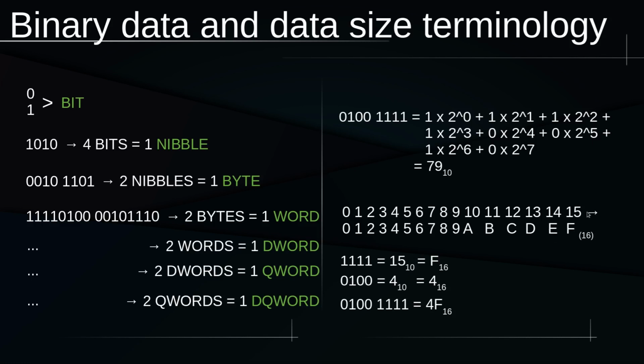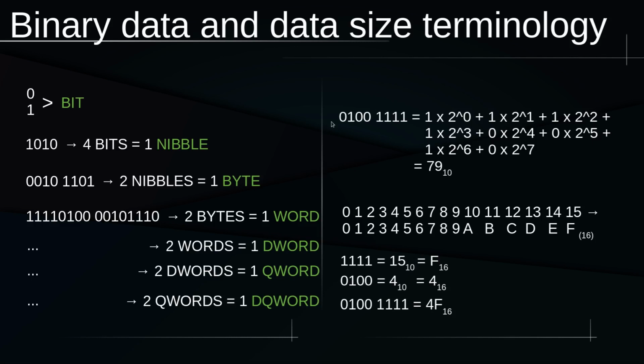And I've included a simple table here that shows you how to convert one single hex digit into base 10. So from 0 to 9 they are equivalent. Then from 10 to 15 in base 10 you have A, B, C, D, E, F. So 10 in base 16 is A, 11 in base 16 is B, and so on.